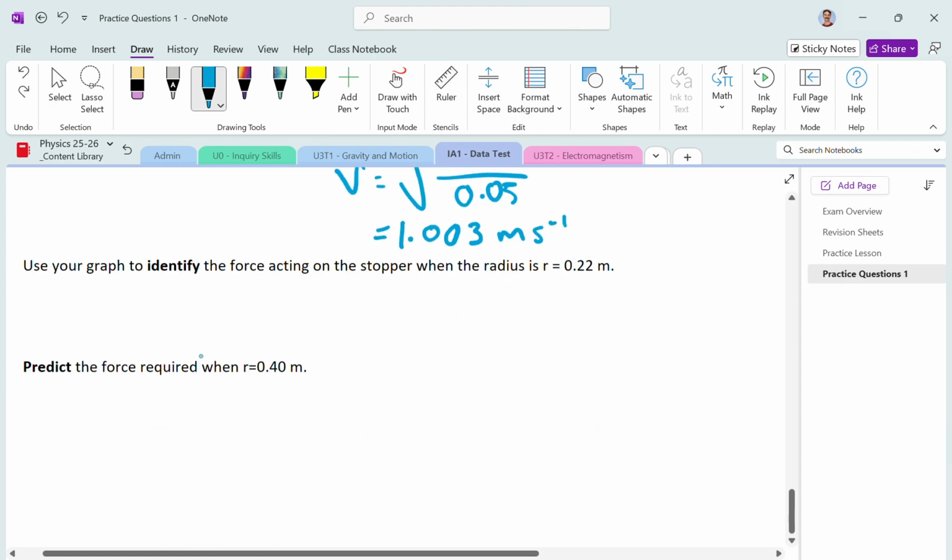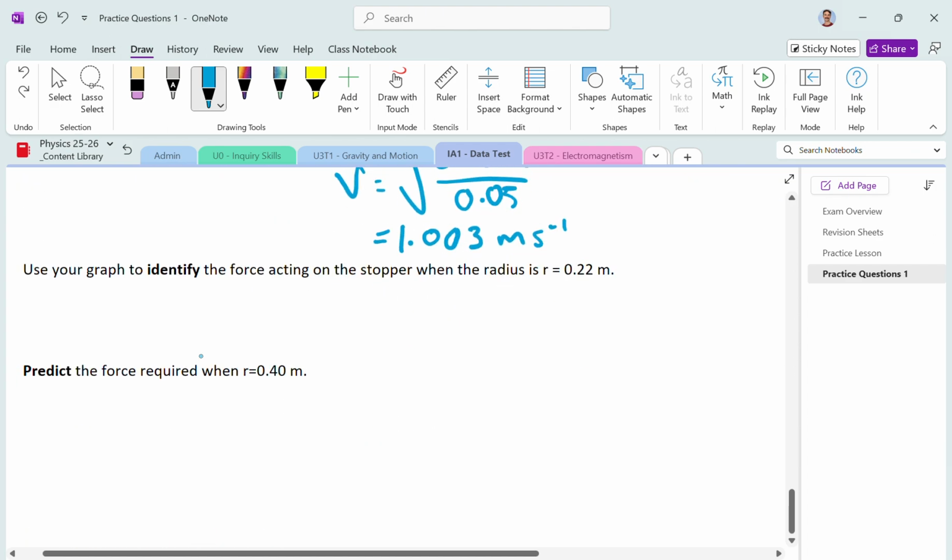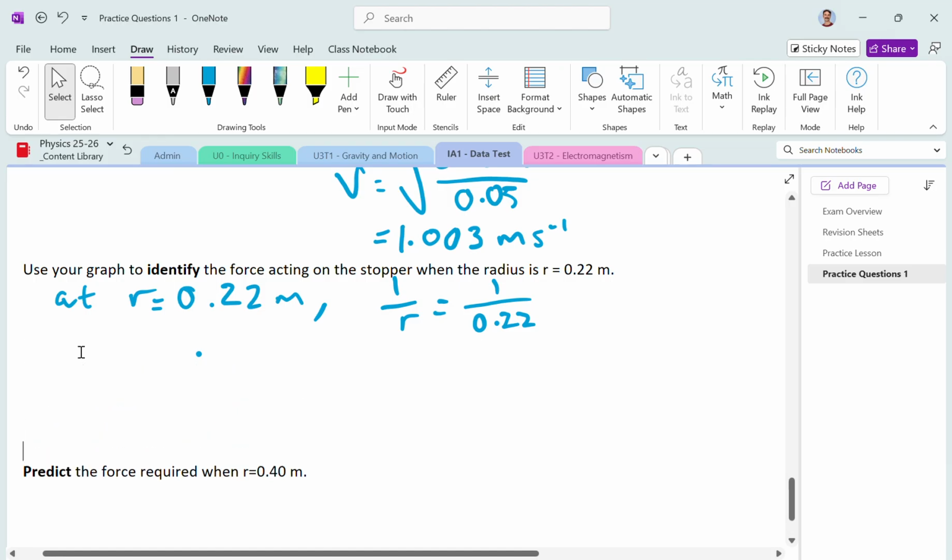So what I will do first is at r is equal to 0.22 meters, 1 over r is going to be equal to 1 divided by 0.22.